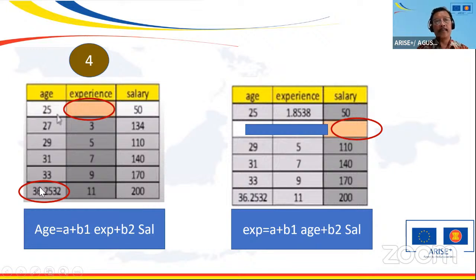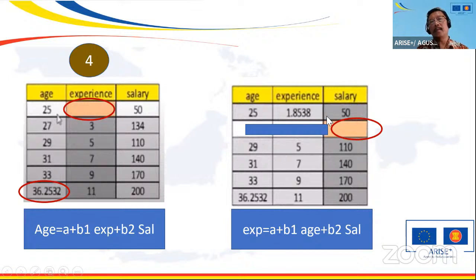And then in the second step, we drop the experience. We use the complete data to estimate the regression coefficients, and based on the 25 and 50, we estimate this one. You got this one.